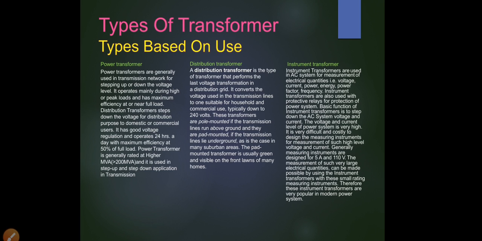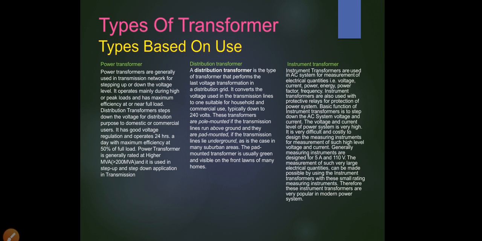This is a power transformer. The distribution transformer is the last voltage transformer in a distribution grid. In electrical engineering we have a lot of circuitry, power switchgear and power distribution.